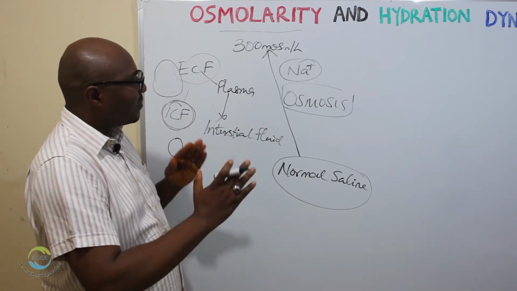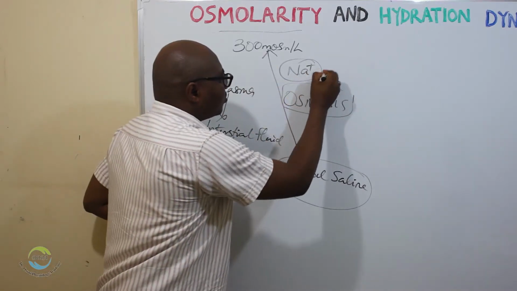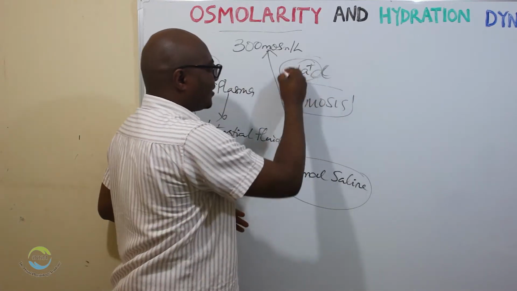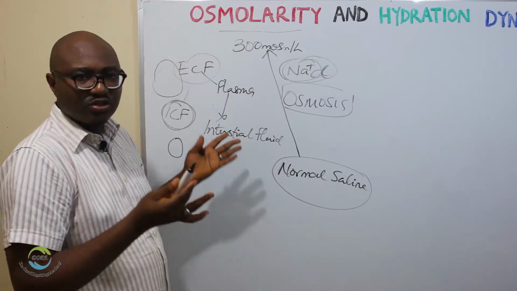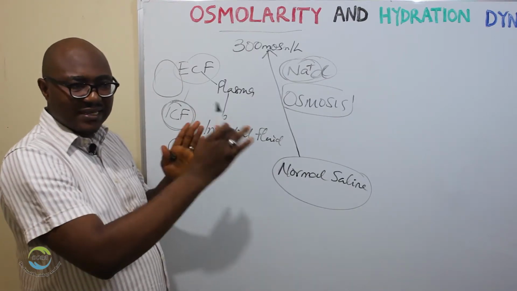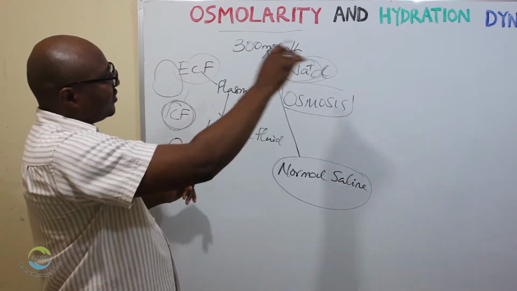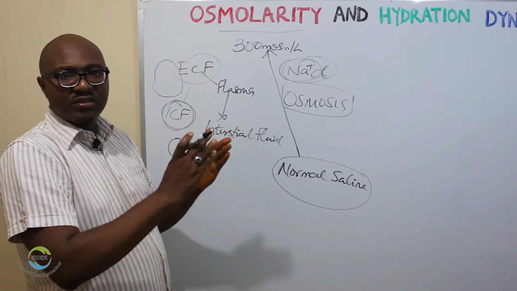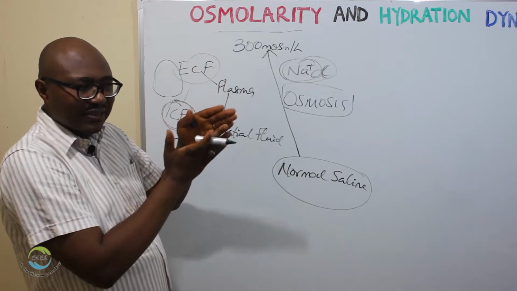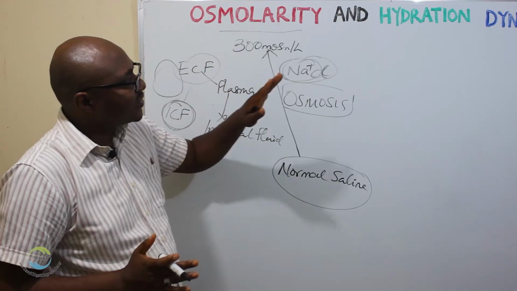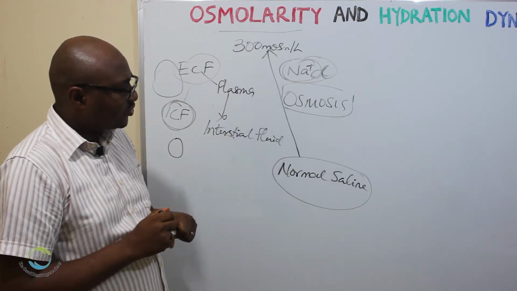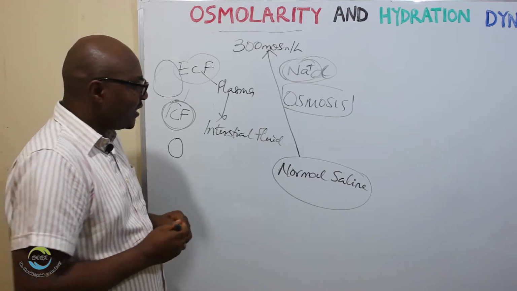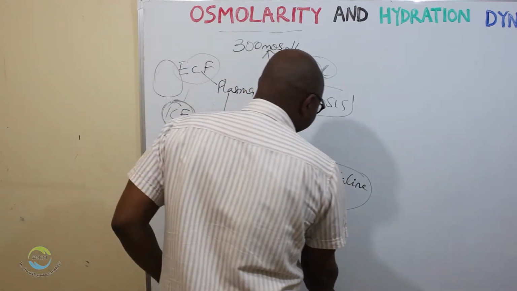So we are going to be talking about salt as sodium chloride or just sodium, salt and water changes. That's the topic of this. And the things that can cause those changes, the different kinds of changes as it relates to osmolarity and hydration. All right. So let's move ahead.